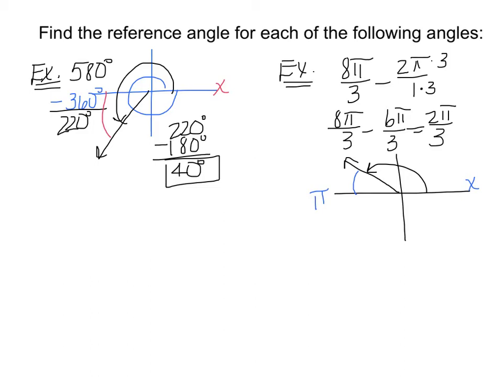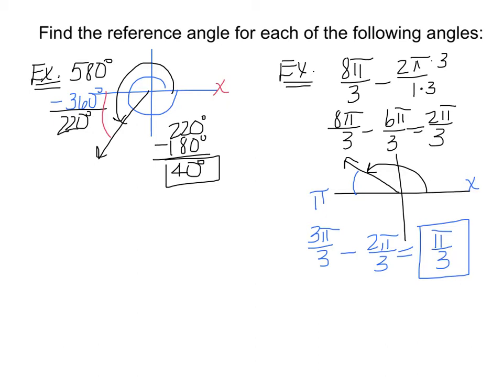So we'll do 3 pi over 3, which is 1 pi, because I had to get a common denominator, minus 2 pi over 3 gives you 1 pi over 3, which is our positive acute angle, because pi over 3 is less than pi over 2.